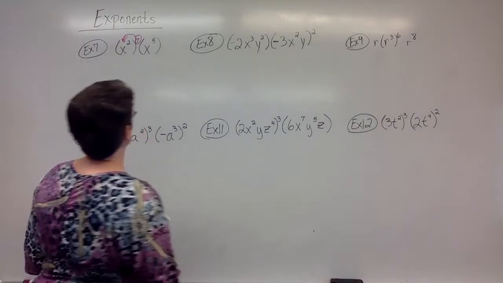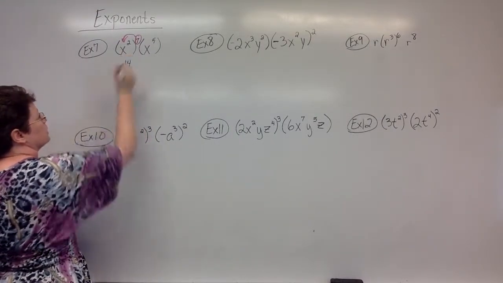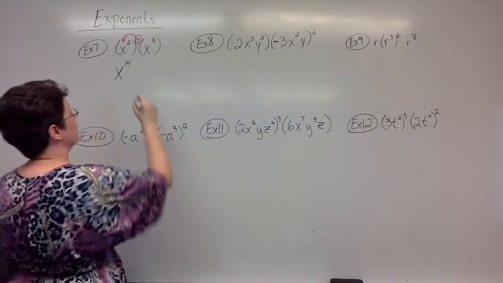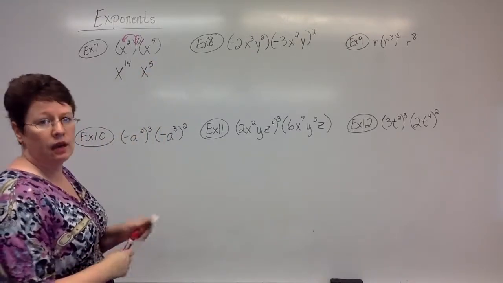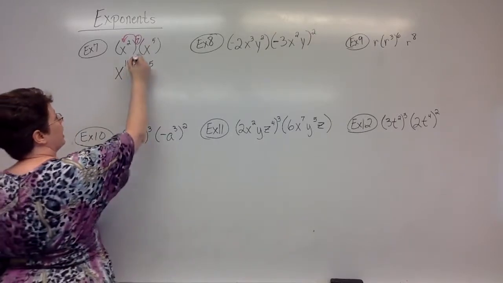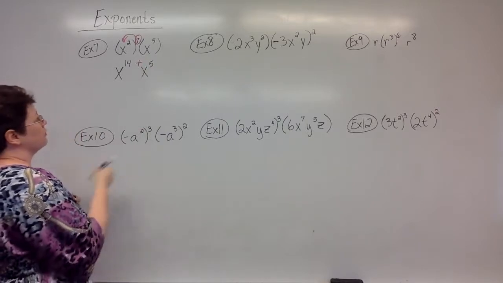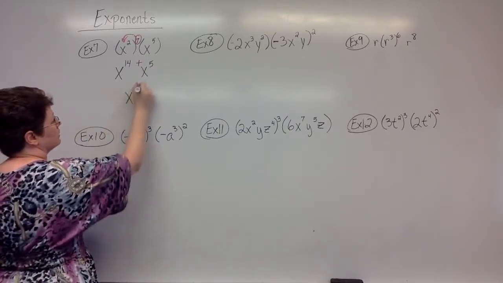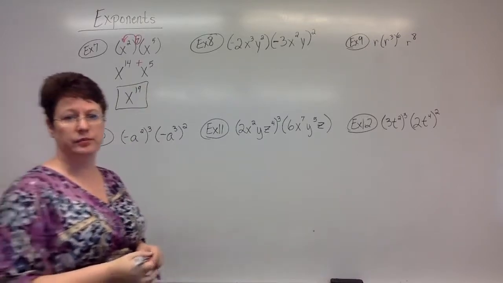So that's going to give me what? 2 times 7 is 14. So I now have x to the 14th times x to the 5th. Now we just have a multiply and we add the powers. So when we add 14 and 5, you get 19. So the correct answer would be x to the 19th.